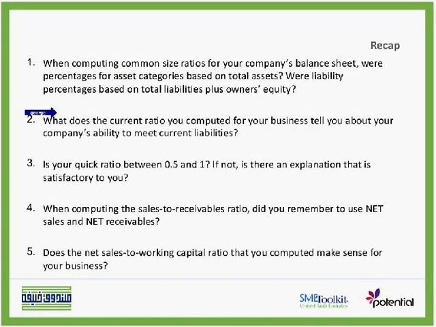Second, what does the current ratio you computed for your business tell you about your company's ability to meet current liabilities? As we said, to recap, the current ratio is the current assets over the current liabilities.